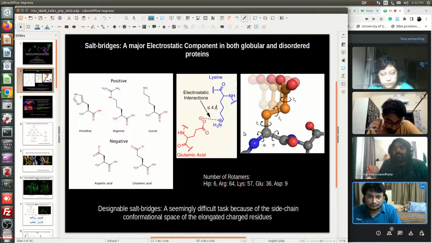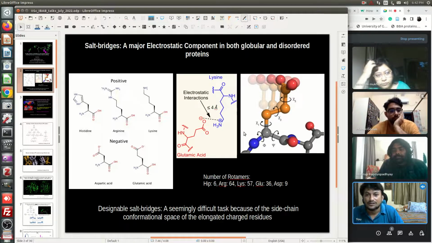As you can see, considering the repertoire of ionic or charged residues in proteins at a near-neutral or physiological pH, most of the residues are very elongated, and they have a large number of rotameric variations.